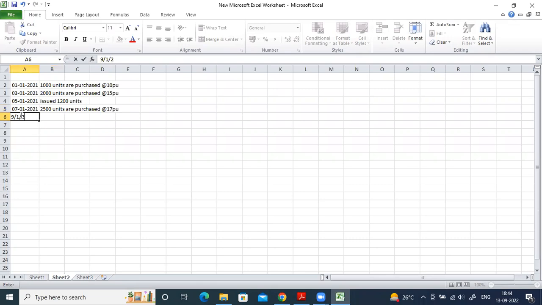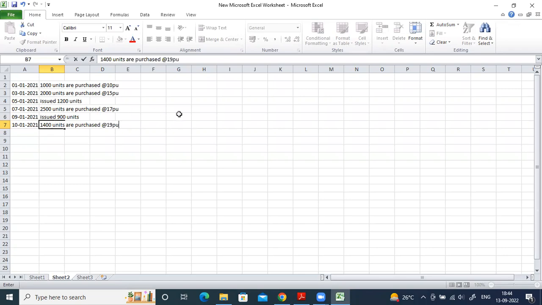On 9th January 2021, 900 units were issued. Now the last one, 10th January 2021, 1400 units were purchased at the rate of $19 per unit.